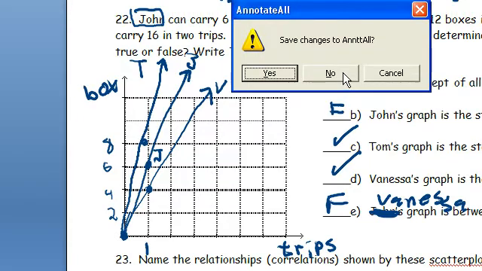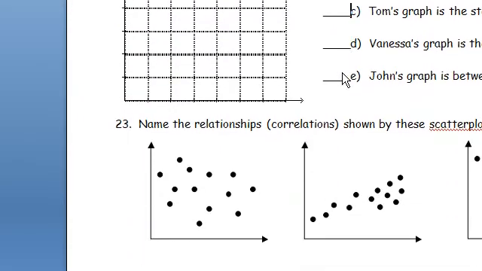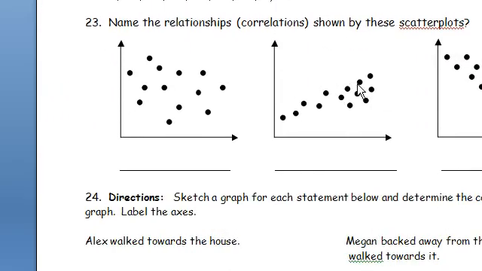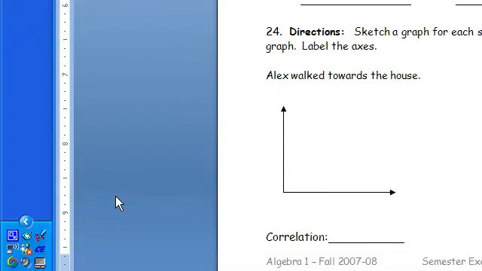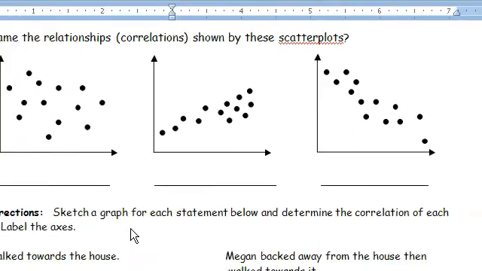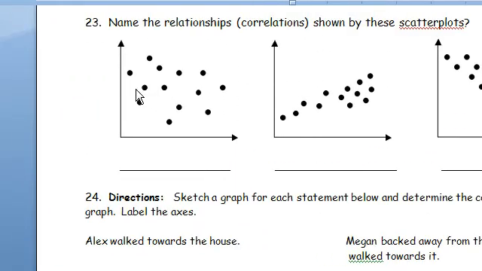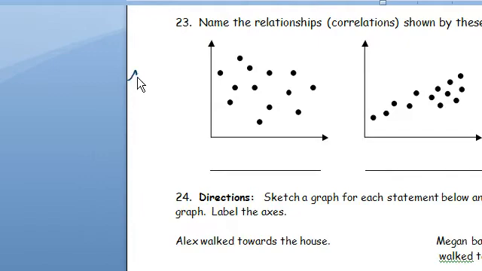All right, let's move right along to number 23 and 24. Name the correlations shown by these scatter plots. Remember our choices are either none, positive, or negative.